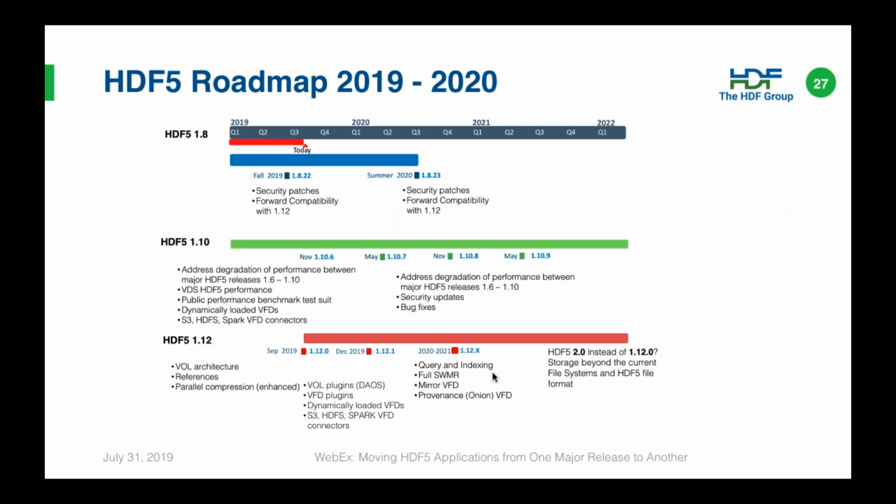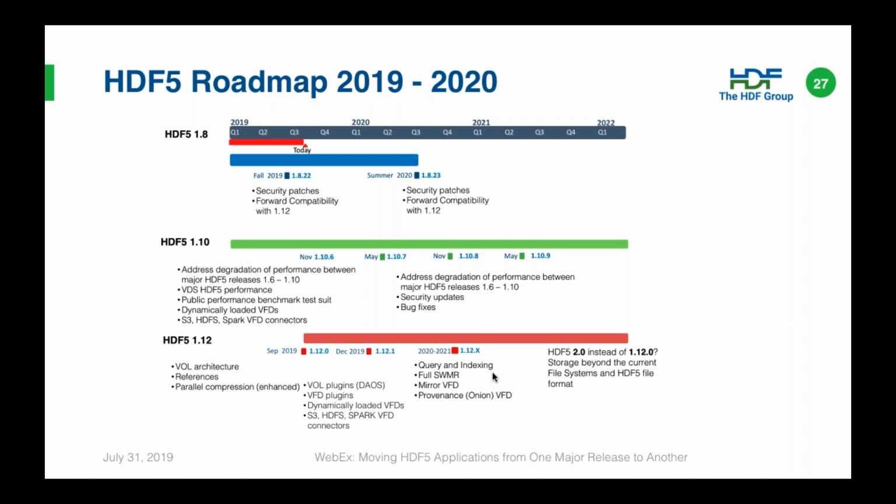With 1.10, we will have a new release in November, 1.10.6, and then every May and November following. We do not have any time estimate for when we will drop 1.10, so definitely for the next 2-3 years we are supporting 1.10.